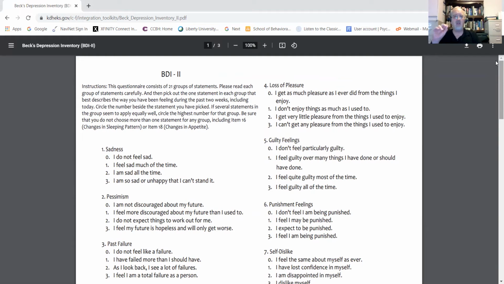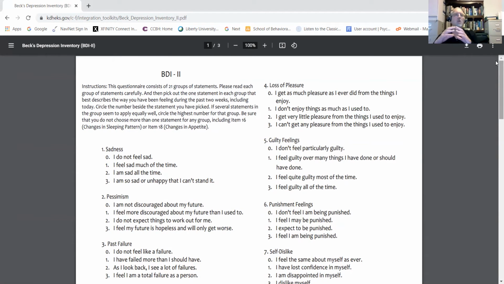So what Beck did when identifying the items that needed to go into the Beck Depression Inventory was to gather together what he and his colleagues at the Cognitive Behavior Institute thought were the main ones reflected in the negative thinking that they were seeing in depressed patients.